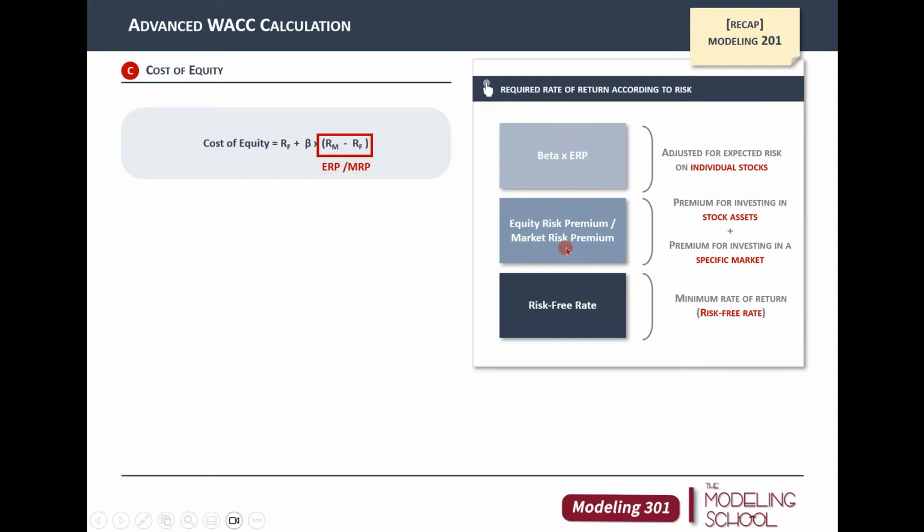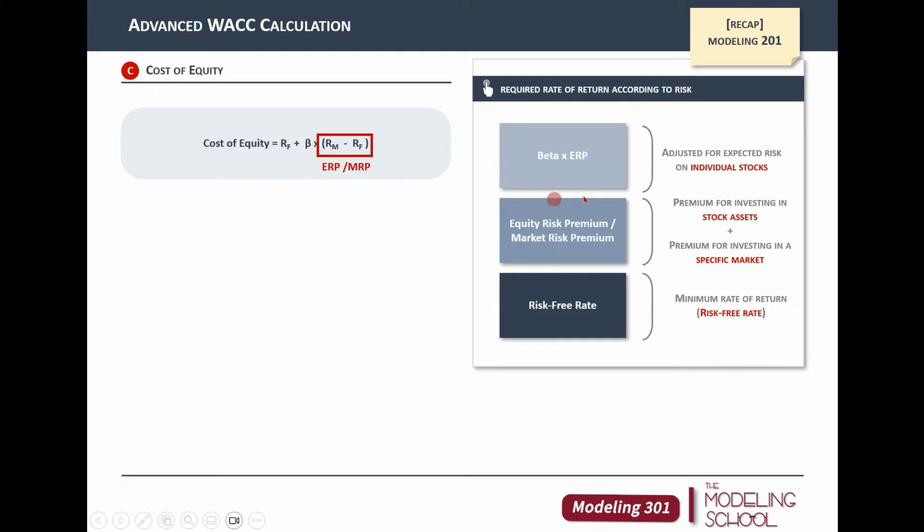So if you're trying to calculate cost of equity for China, for example, it can be considered a little bit riskier than investing in the US. So we add another type of risk premium called the market risk premium, which is for the geographic risk. And usually these two are combined, and we call it equity risk premium or market risk premium, terms that are sometimes used interchangeably.